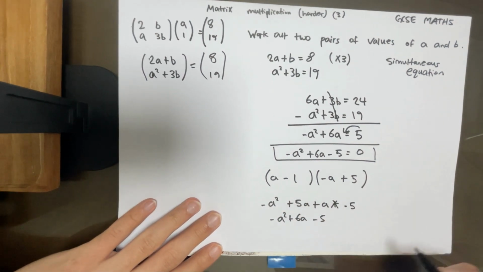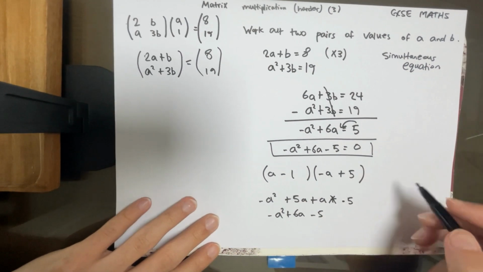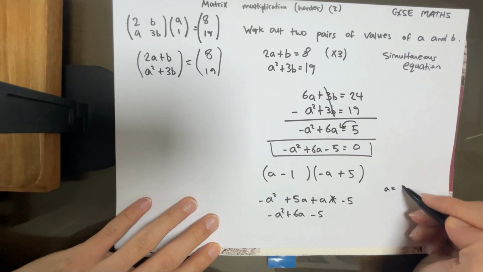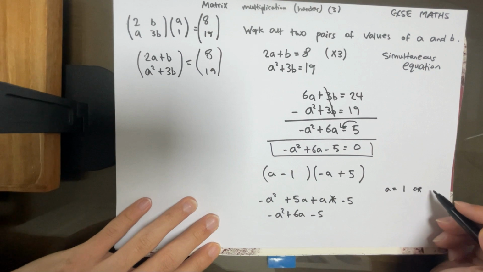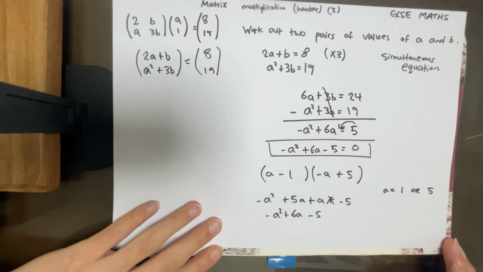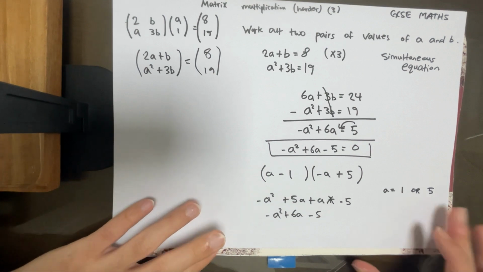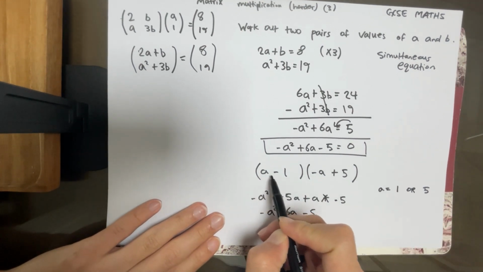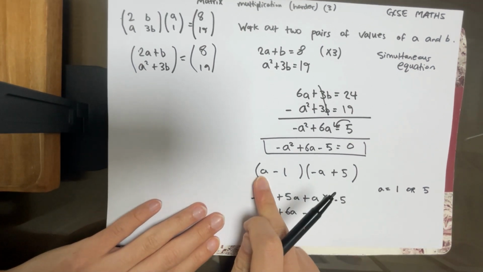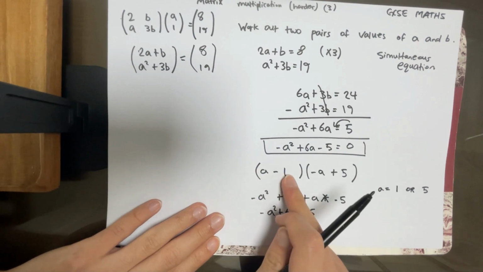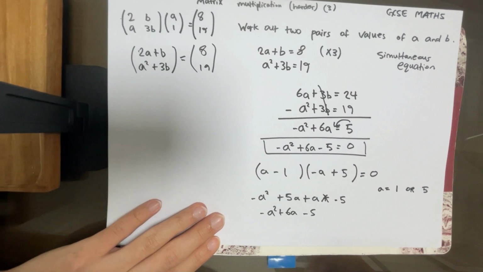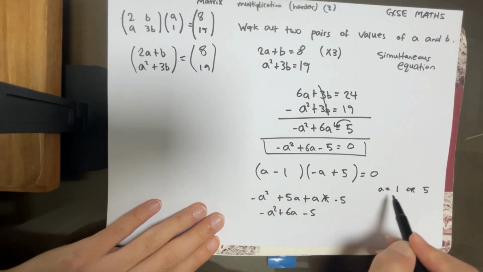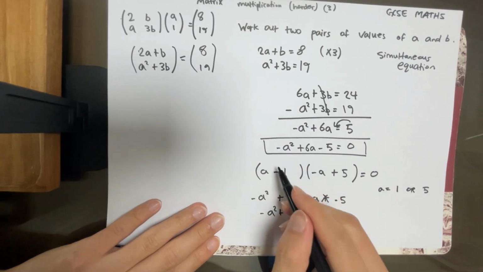Now what do we do from here? We have a minus 1, so a has to be 1 or 5. Now, why is it 1 or positive 5 for a? Because what does the original number have to be to minus with 1 to make 0? Because this is supposed to make 0, right? So 1 minus 1 makes 0, and this is the equation.